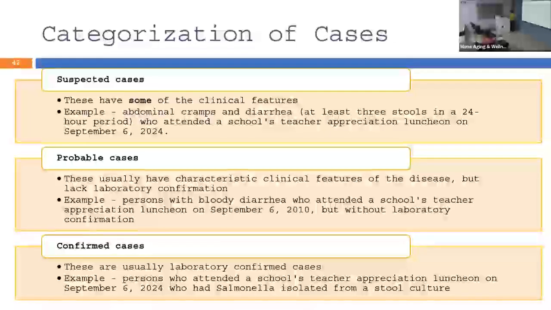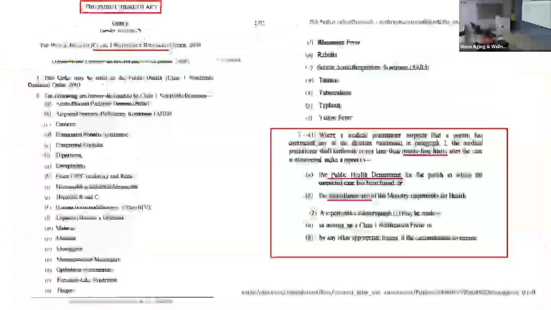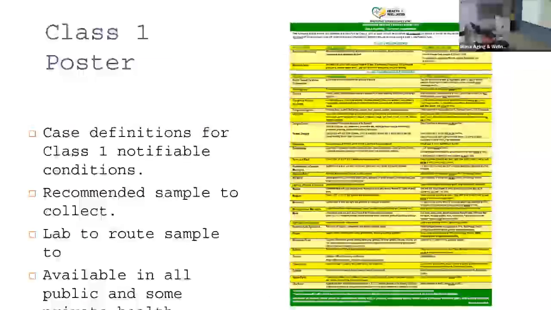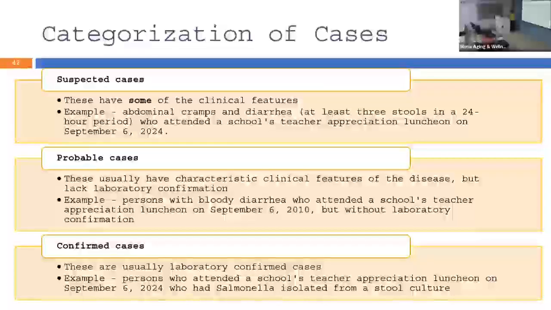So the point is, from the class 1 poster, if we're in an outbreak also, we have clearly defined criteria or case definition to see what we're going to call a suspected case and probable case.